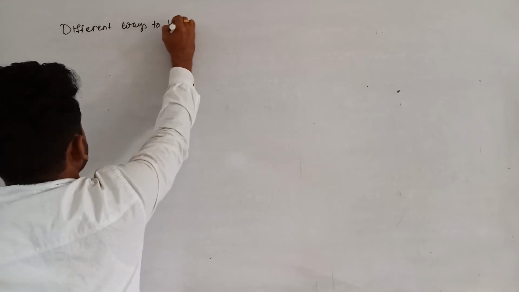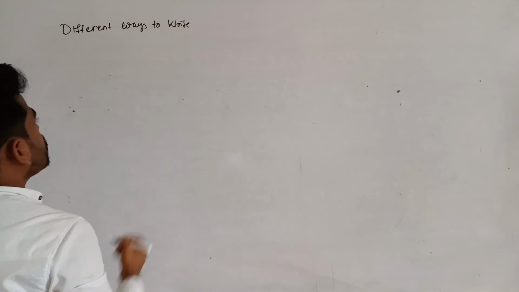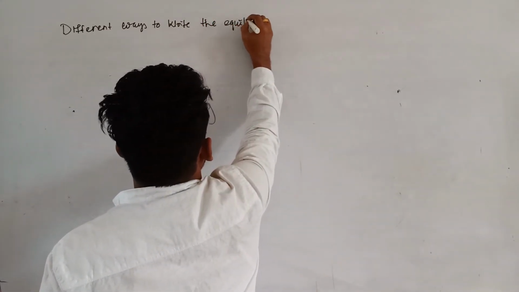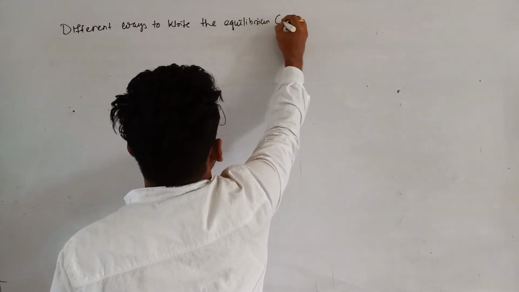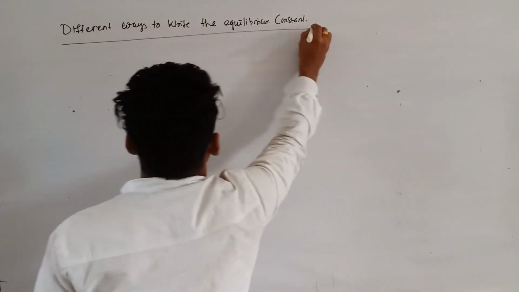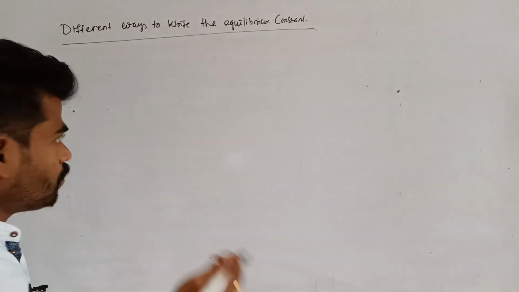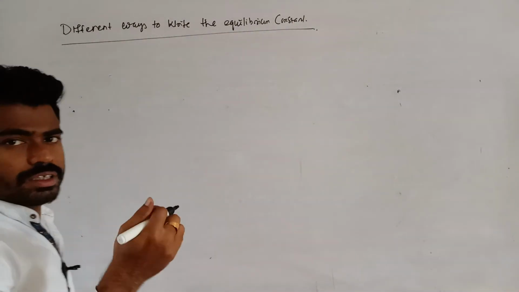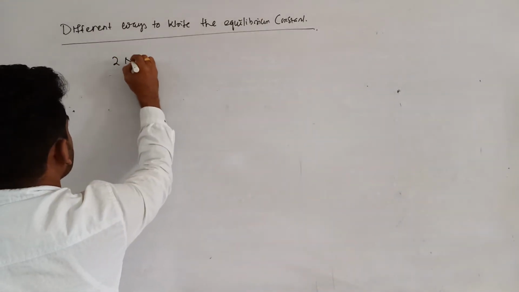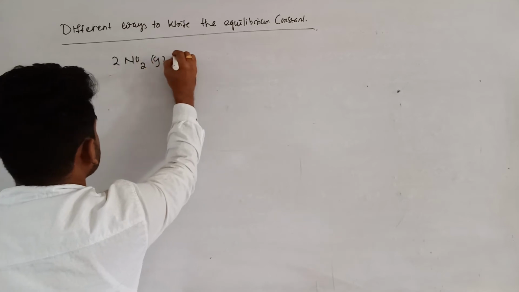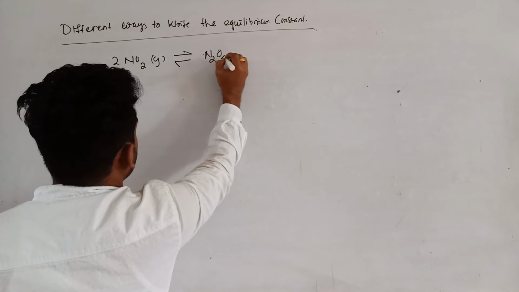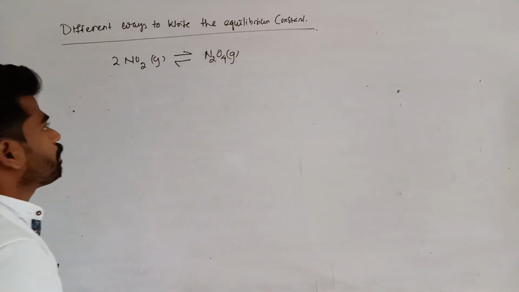Next we will see different ways to write the equilibrium constant. Is that clear? Suppose I am considering an example, 2NO2 gets converted into N2O4 simply.